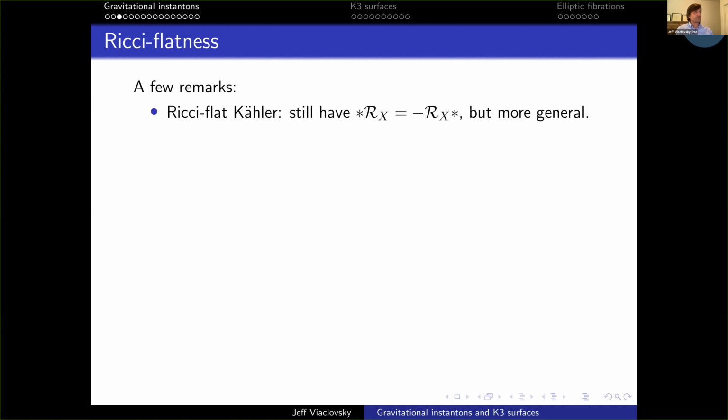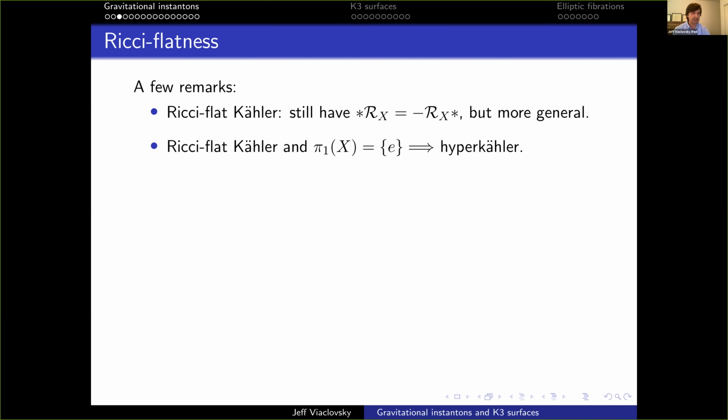Okay, so let me make a few remarks on Ricci-flatness. We could have required, instead of hyperkähler, just Ricci-flat Kähler. In this case, you still have that the curvature anti-commutes with the Hodge-Star operator, but this condition is more general. However, if you're Ricci-flat Kähler and simply connected, then that does imply hyperkähler.